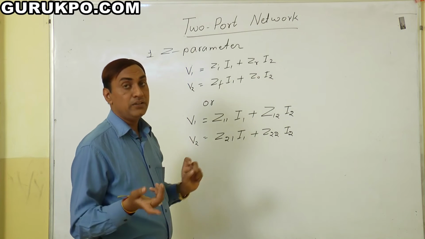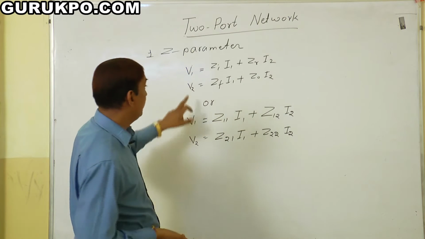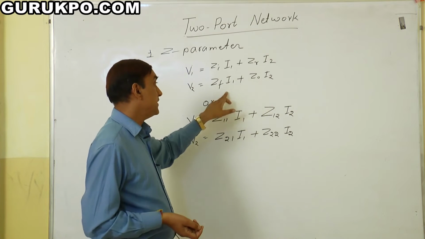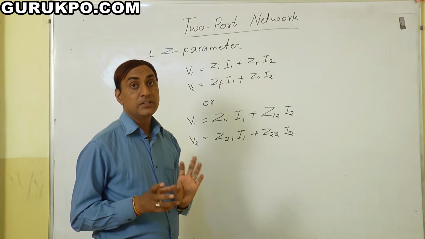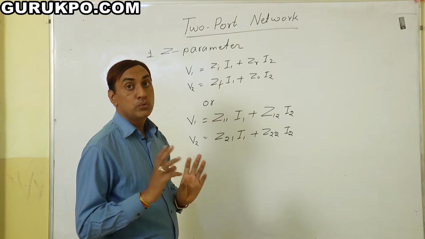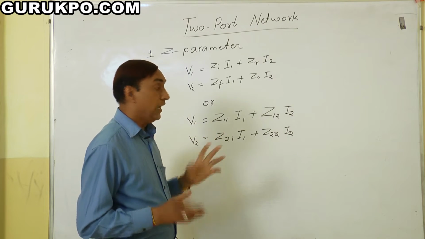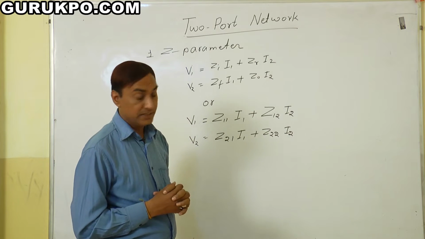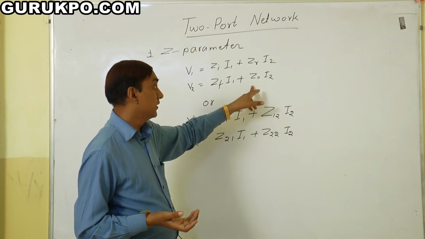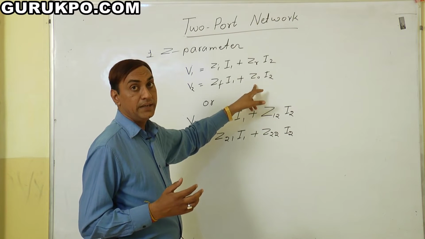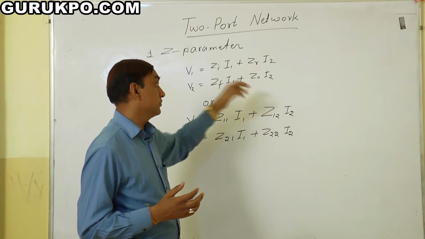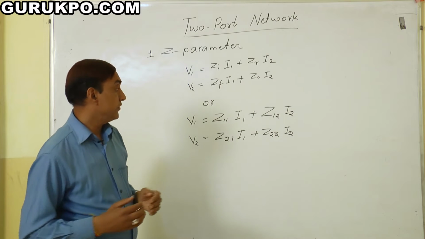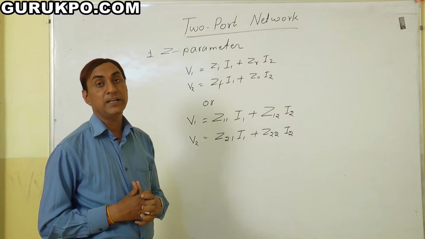On the next side, terminal 2, we see V2 equals Zf I1 plus Zo I2. It means current I1 generates some impedance drop on the second side, and I2 also generates some impedance drop on the second side. These are the parameters we get from the network.